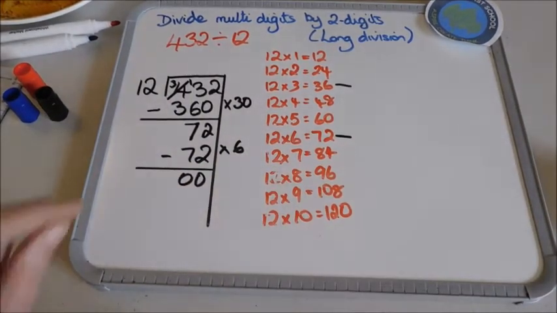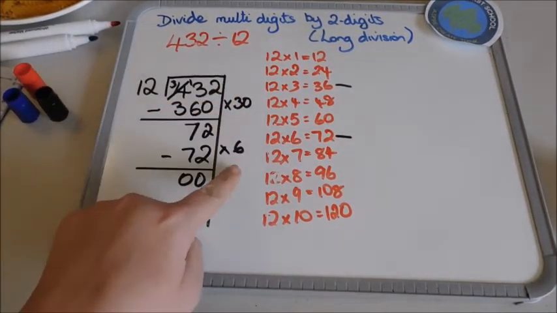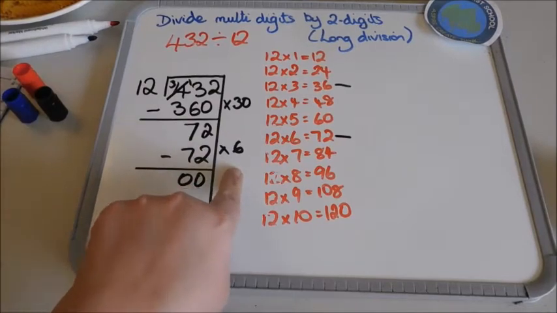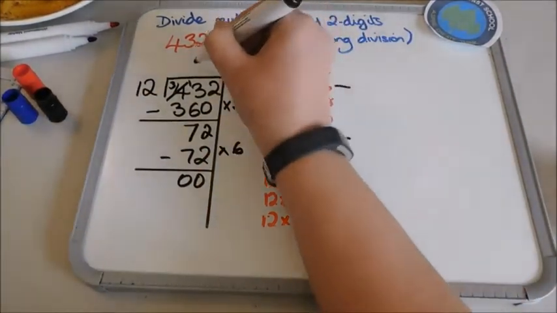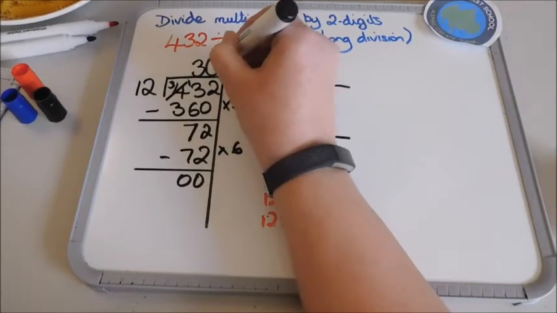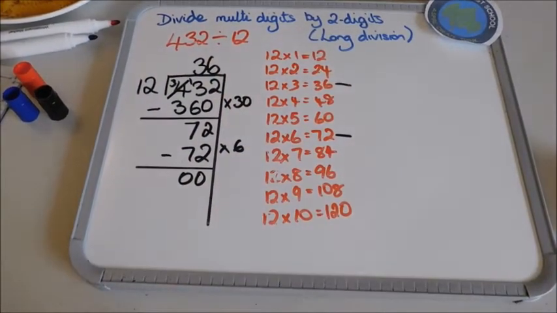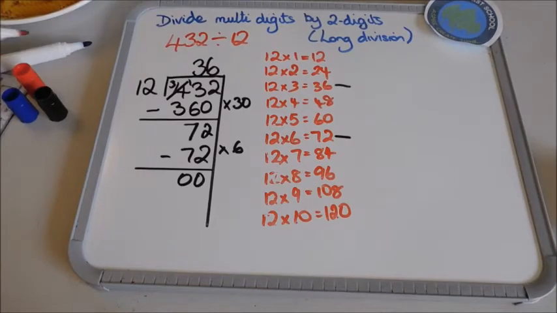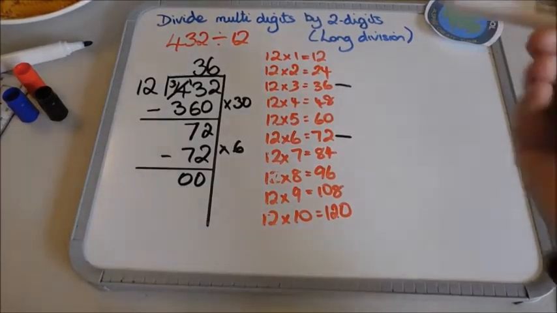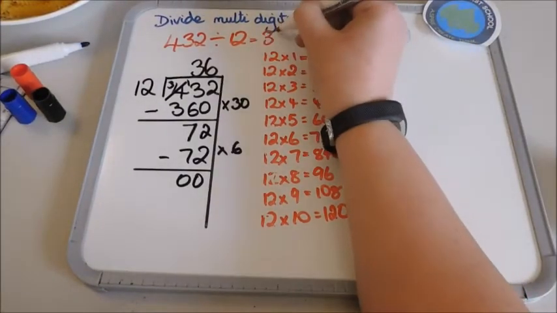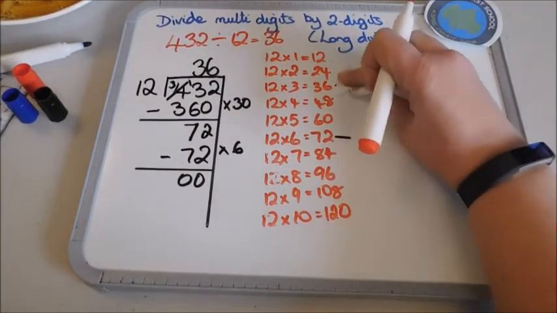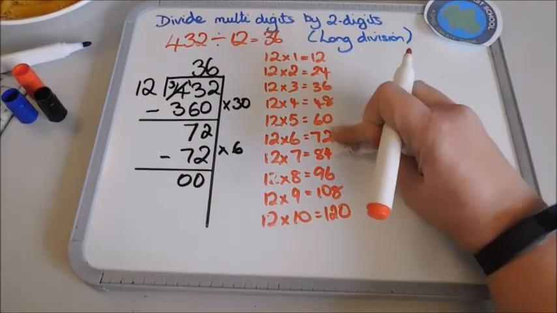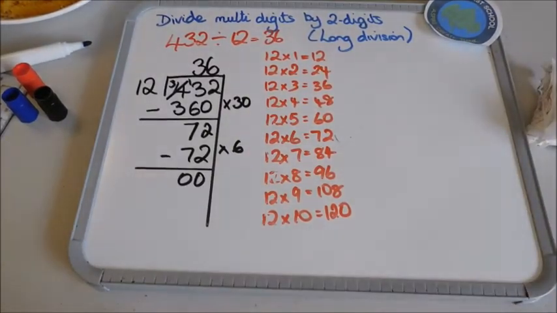So that means I did 30 lots of 12 and 6 lots of 12. So 30 add 6 would be 36. So my answer to this calculation is 432 divided by 12 is 36.